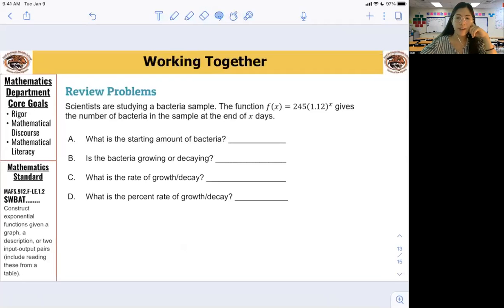Scientists are studying a bacteria sample. The function f of x equals 245 times 1.12 to the power of x gives the number of bacteria in the sample at the end of x days. What is the starting amount of bacteria? 245, good. Just like before, we're working backwards. This is the starting amount.